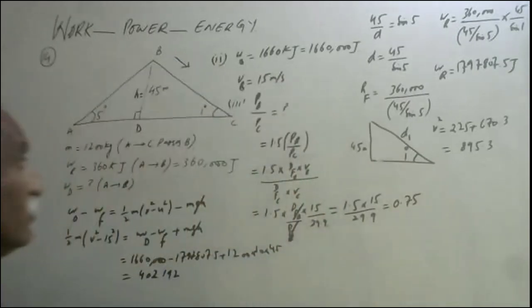So this is the ratio of the power at B to the power at C.